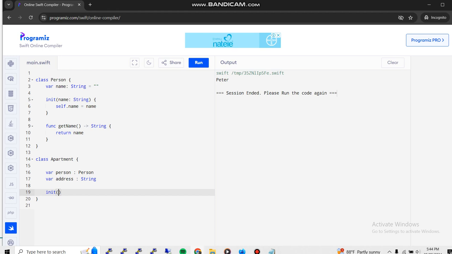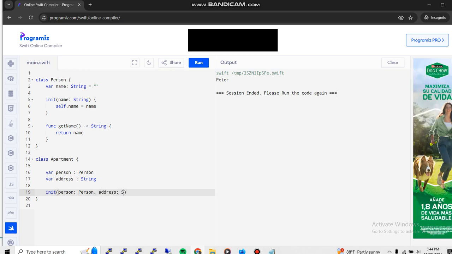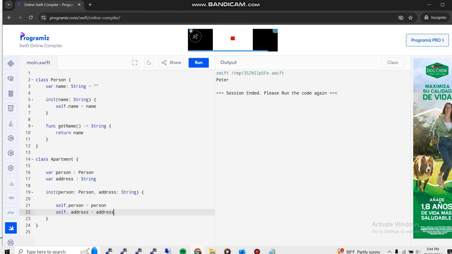We say person is a Person, and we also ask for address as a String, right? Person equals person, and address equals address.